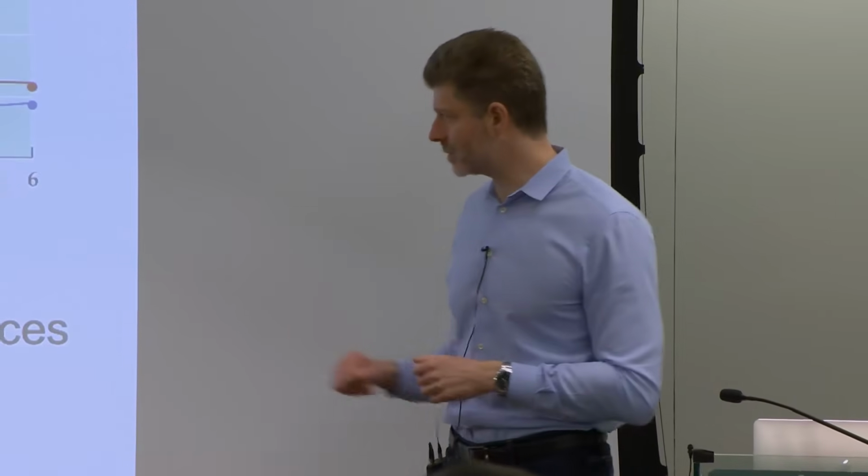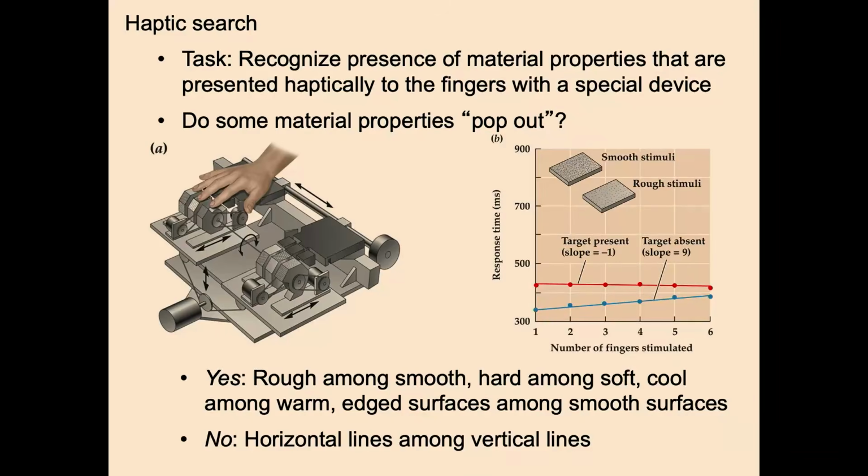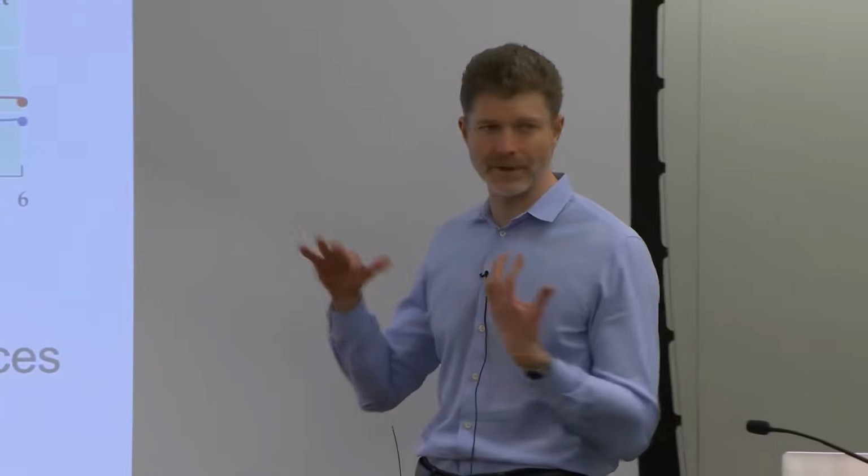So rough among smooth pops out, hard among soft, cool among warm, edge surfaces among smooth surfaces. But unlike the visual system, you don't get pop out for distinct orientations. So if you do horizontal lines among vertical lines, you don't get pop out. Okay? So same kind of phenomena, but the features that seem to be fundamental may be very different across sensory systems.